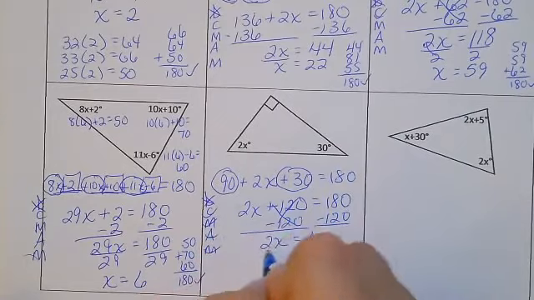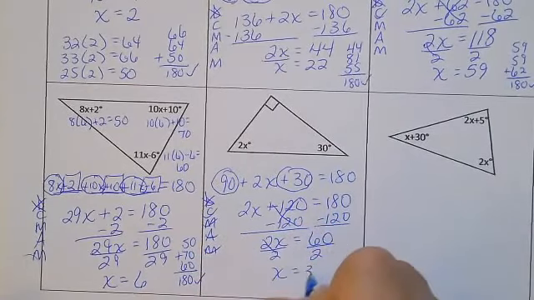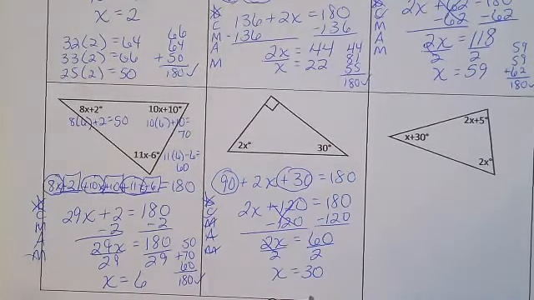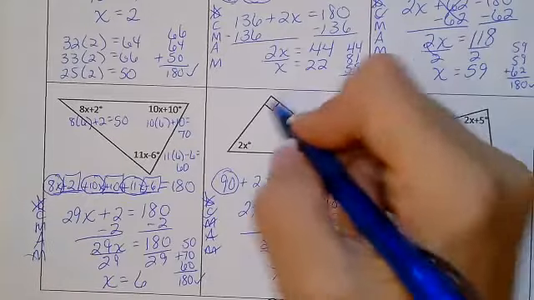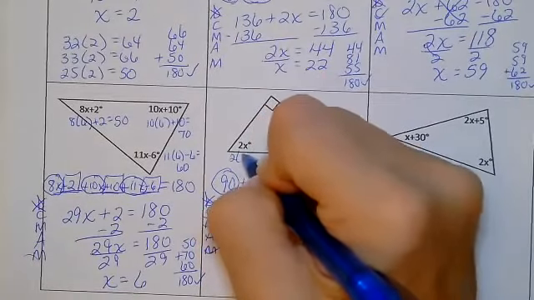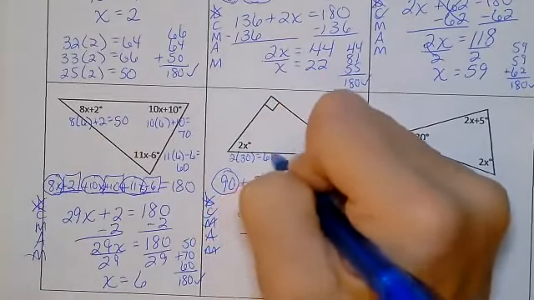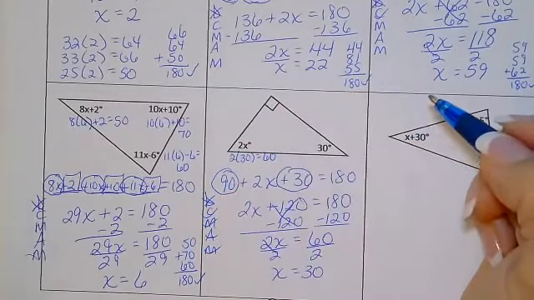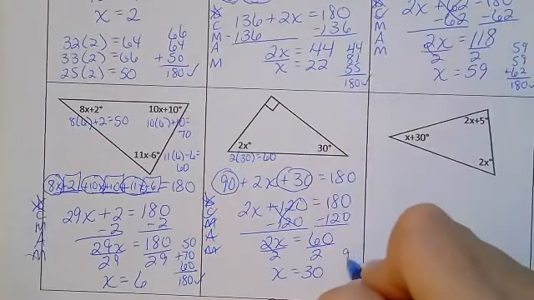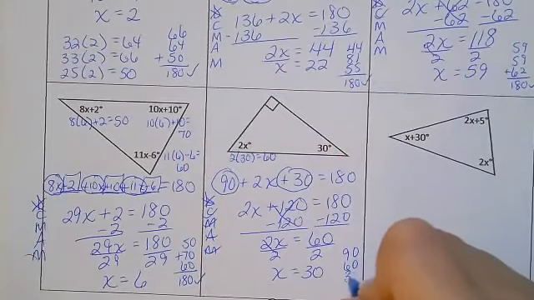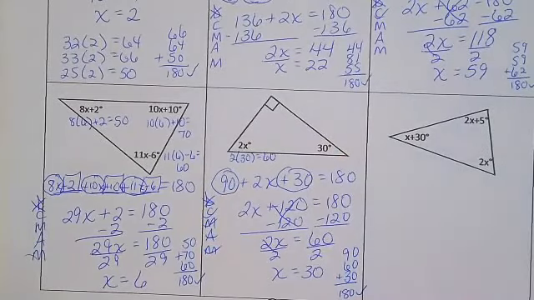Okay, done moving. Divide both sides by 2. And x equals 30. Okay, time to substitute. So 2 times 30 equals 60. And I have 90 plus 60 plus 30, which equals 180.